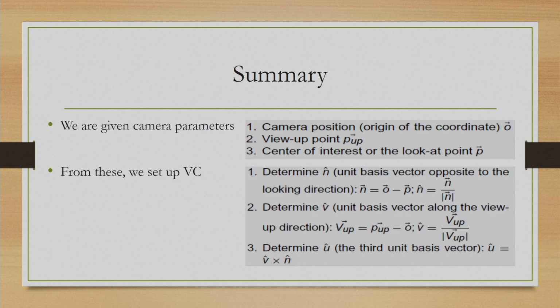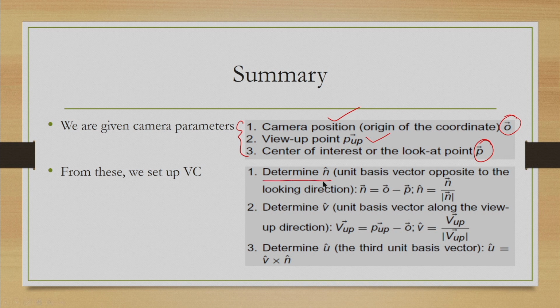So, in summary, what we have done: we assume that three things are given. One is the camera position, from where we can define the origin vector O, then the view up point and the corresponding view up vector, and finally the look at point P and the corresponding vector. Then based on this information we perform a three-step process.